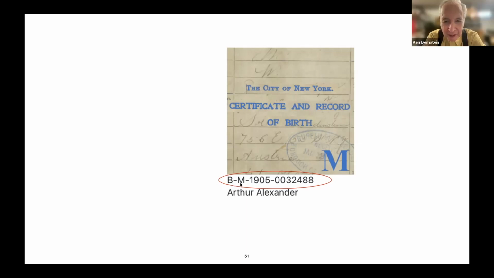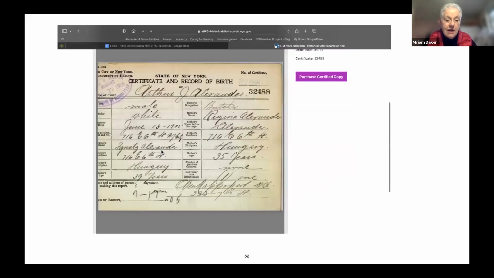The M means it's from Manhattan. 1905 is the year, and 32488 is the certificate number. And we know from what we did just a minute ago that that's the right one. So here it is again. This is the same document. I just got to it through a different path. And you can see the document number up here.